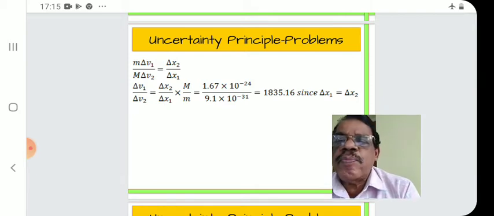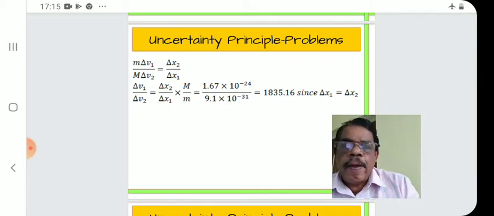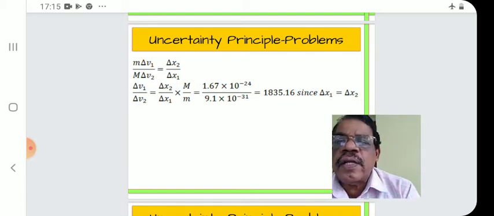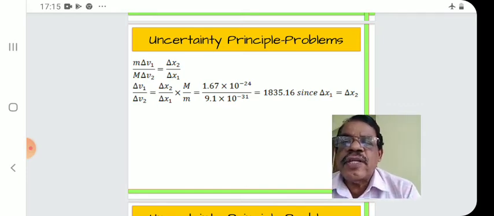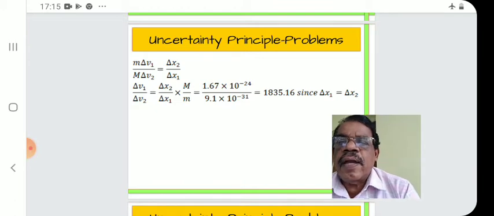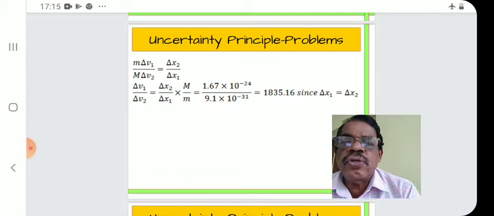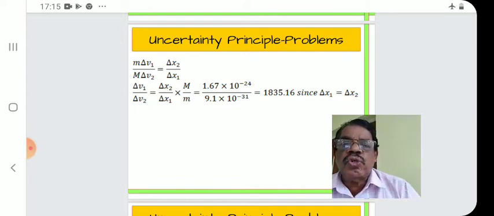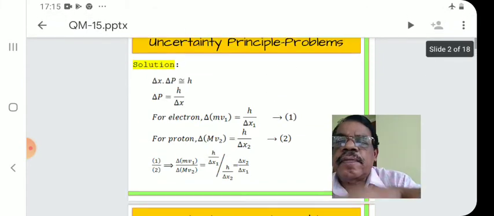Proton mass is 1.67 into 10 raised to minus 27 by electron mass 9.1 into 10 raised to minus 31. It is equal to 1835.16. Here delta x1 equal to delta x2 is given in the question.